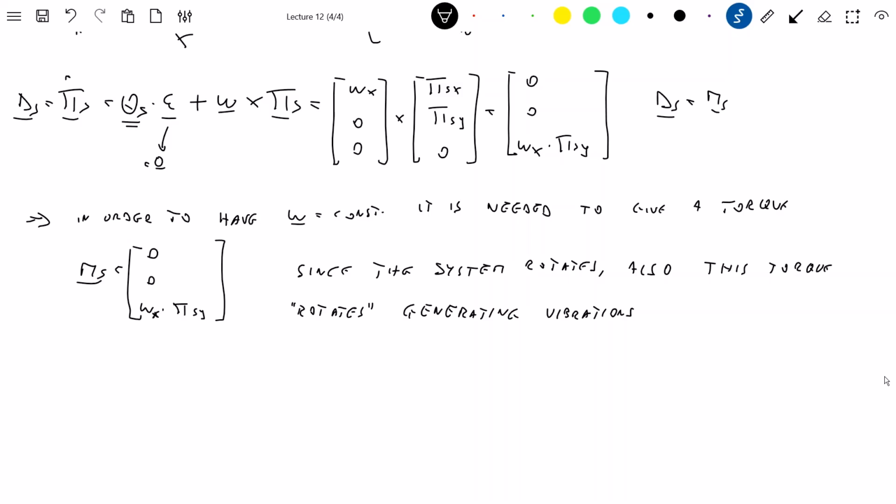So still there is a solution also in this case to avoid this problem, and what we have to do is to make this pi sy 0, okay?